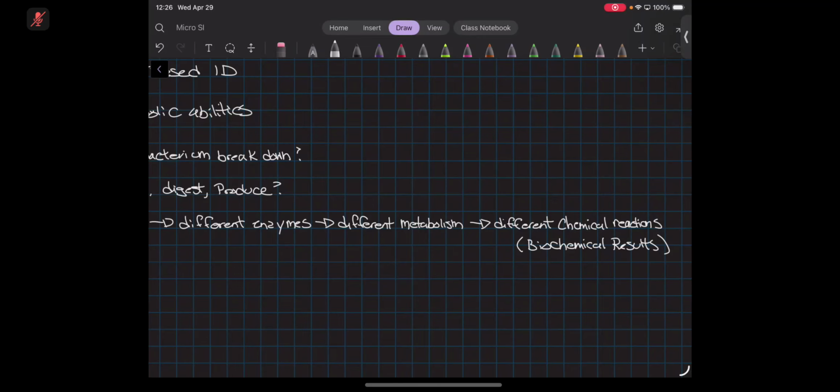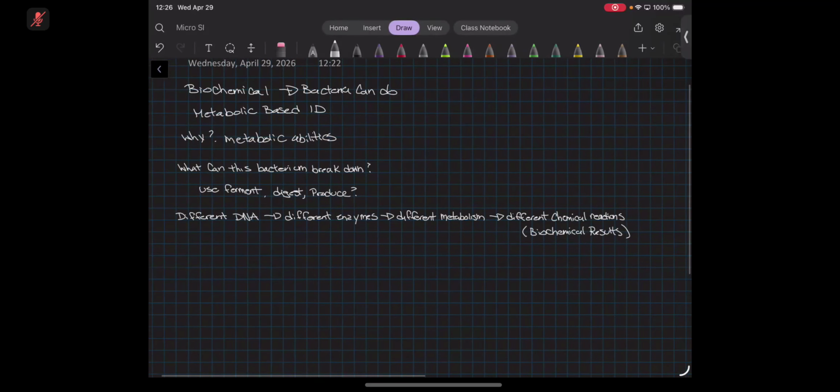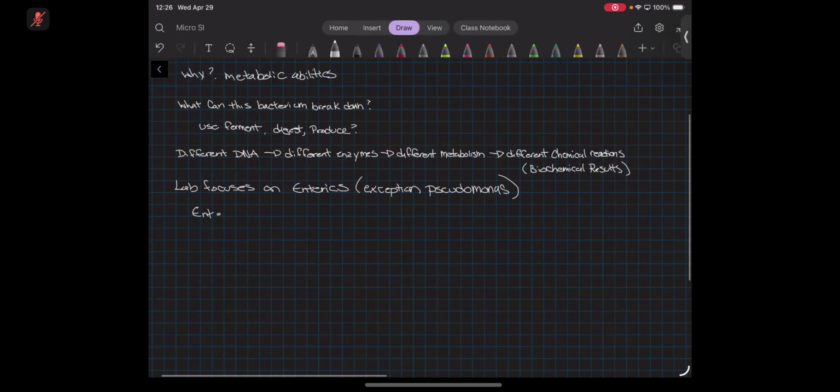So the lab focuses mostly on enterics, with the exception of Pseudomonas, because remember that's not an enteric. But for the most part, all of them are. So the family it belongs to is the Enterobacteriaceae.